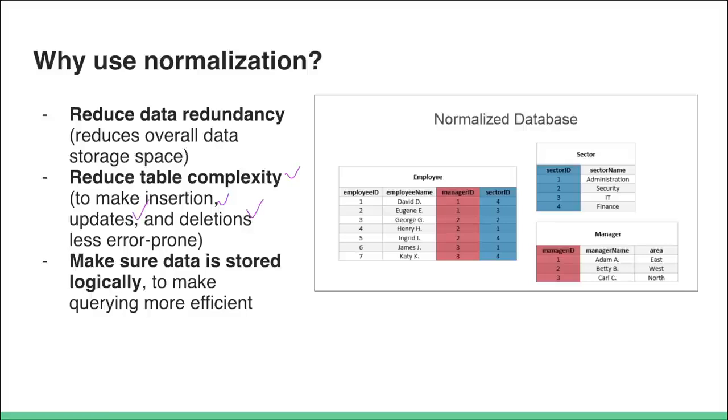We also want to make sure that data is stored logically, because this makes it easier for us to write SQL queries, and also easier for developers or anyone working with our database to understand, which makes it less likely that they're going to damage the database's data in some way or do something they're not supposed to. Or maybe just structure it in a way that's illogical or doesn't help the system function more efficiently.